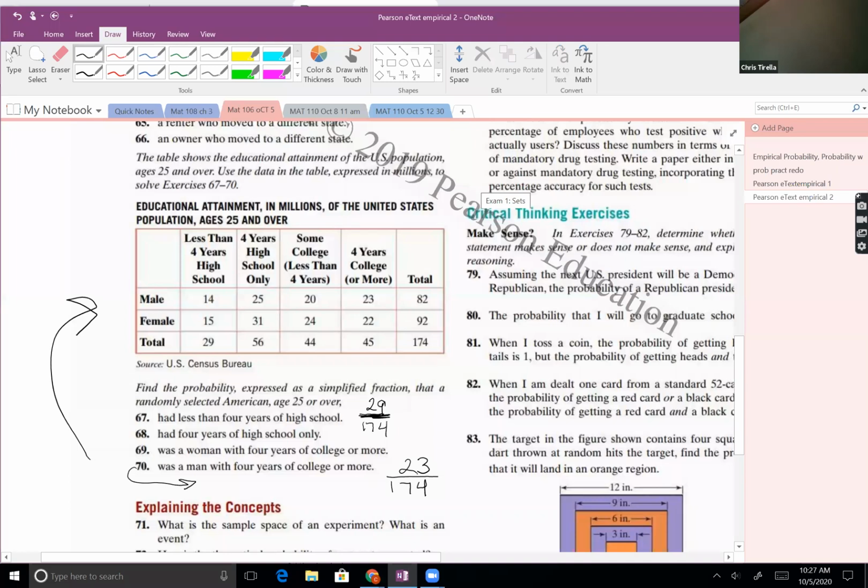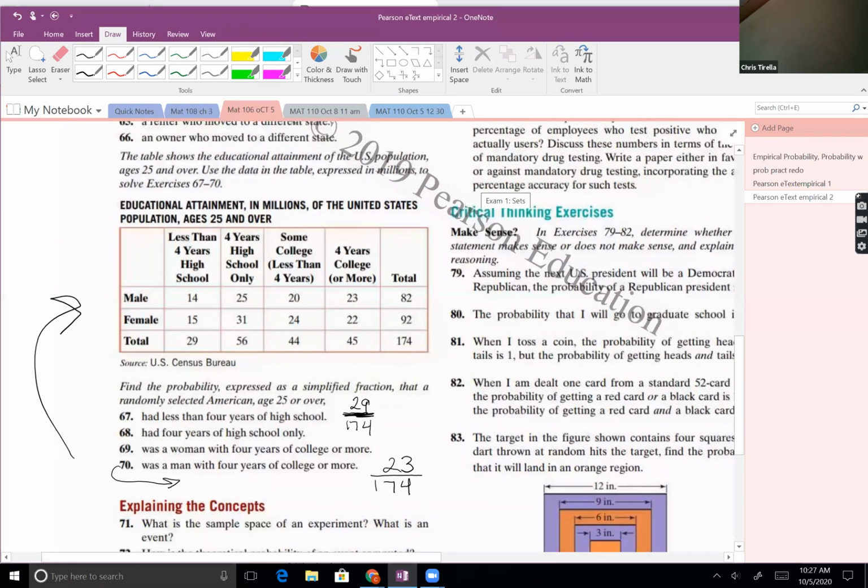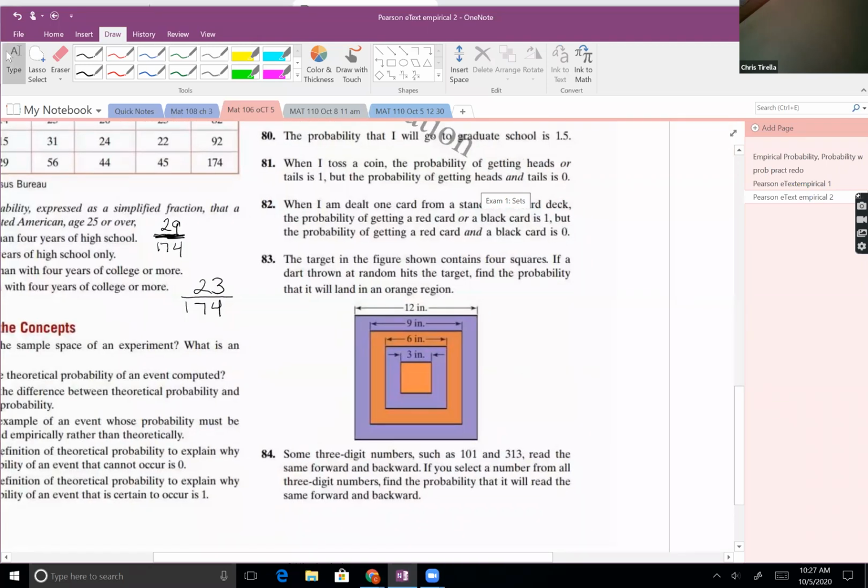So this idea is empirical probability. Actually, as I'm looking at it, out of the corner of my eye I saw the target problem. I think there's one like the target problem in the homework.